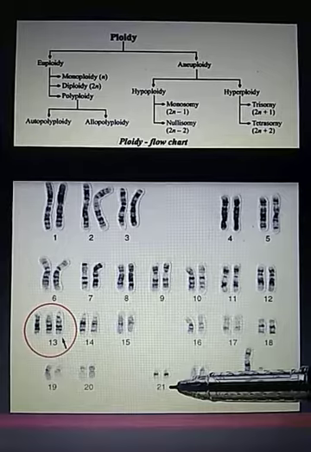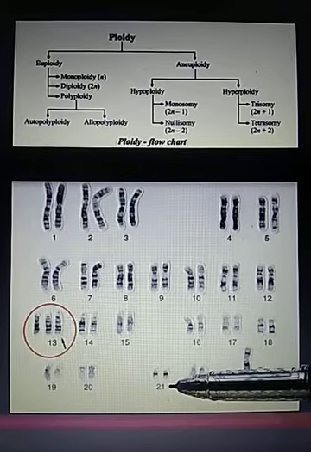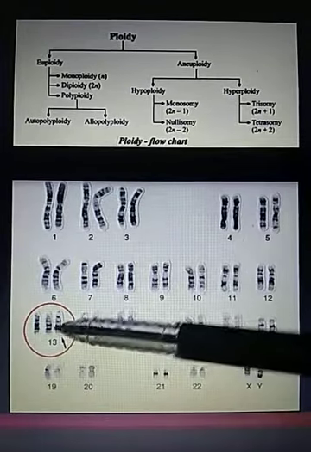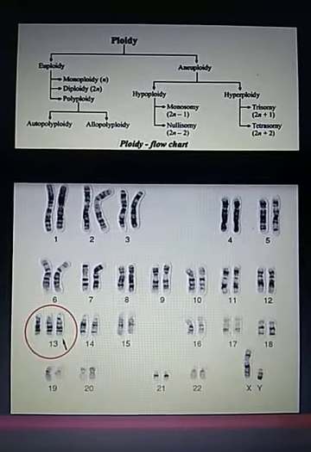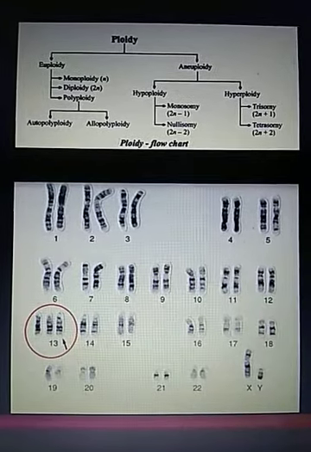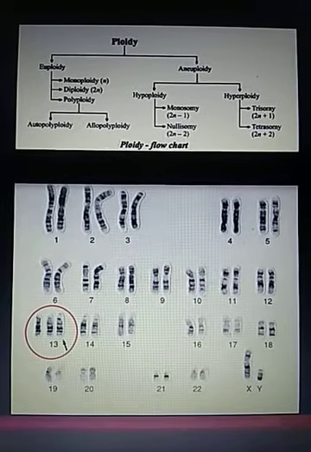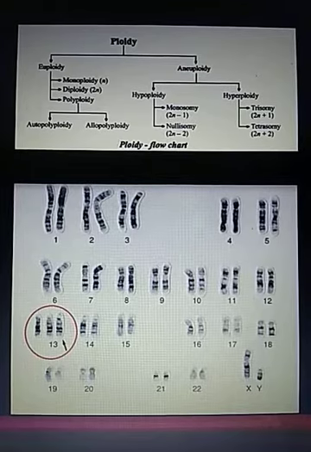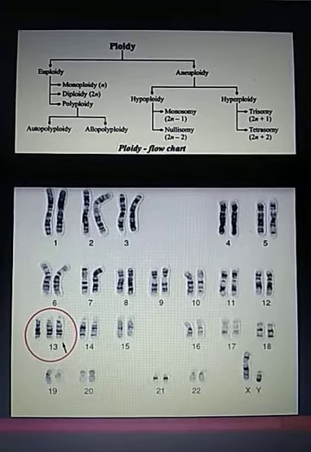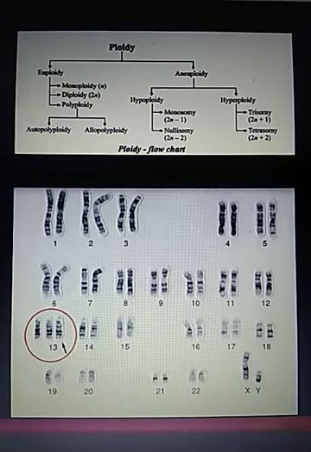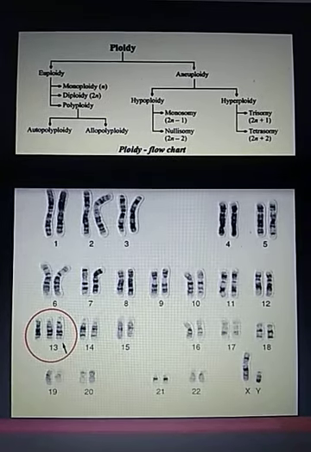If trisomy of chromosome number 18 occurs, then it leads to a syndrome known as Edwards syndrome. And if trisomy of chromosome number 13 occurs, then this is known as Patau syndrome. You have heard about these syndromes in your class 12th bio. Among these, trisomy 21 and trisomy 18 are the most common. In rare cases, a fetus with trisomy 13 can survive, giving rise to Patau syndrome.